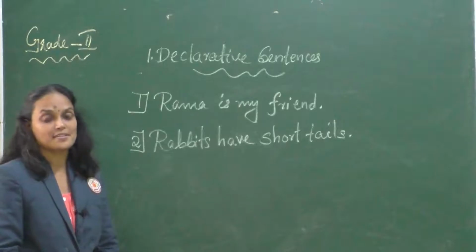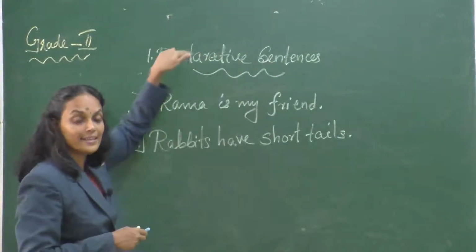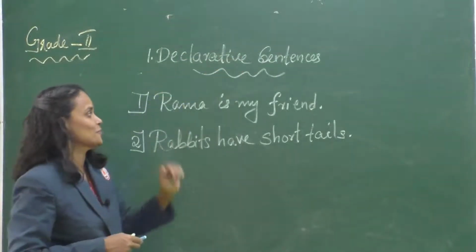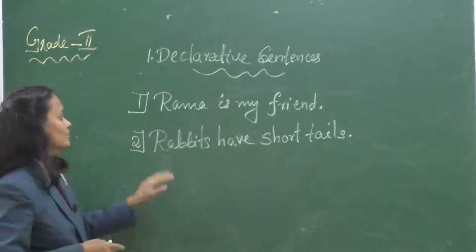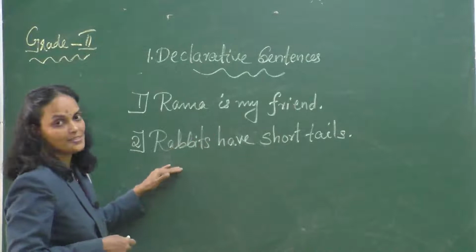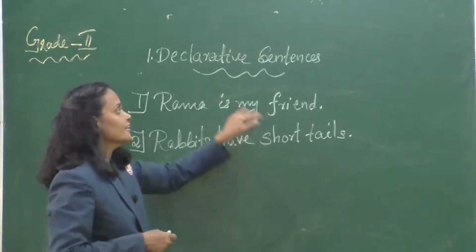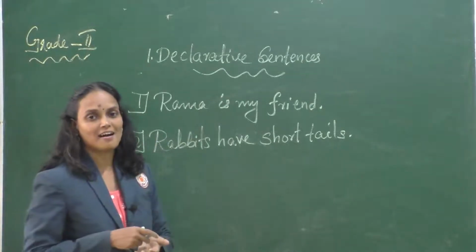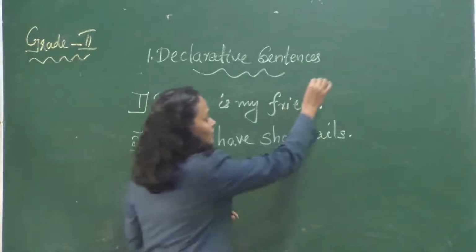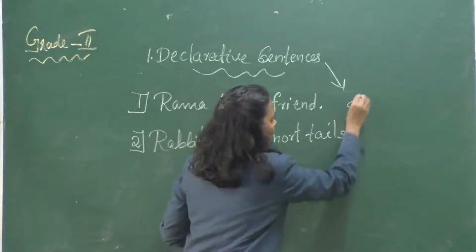Look at the first category of sentences, declarative sentences. Look at the examples given here. Rama is my friend. Rabbits have short tails. Children, declarative sentences are statements.